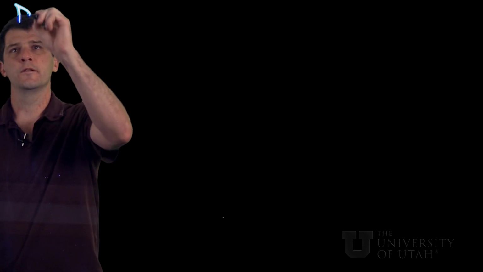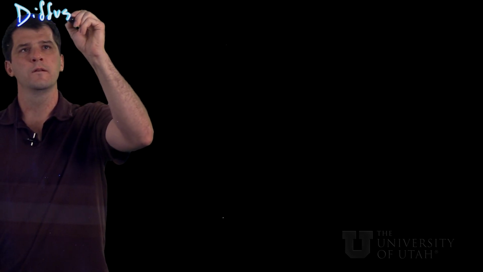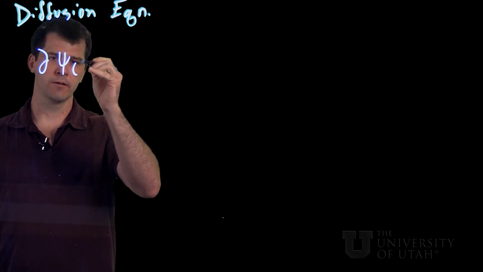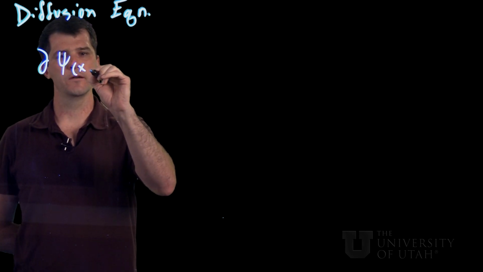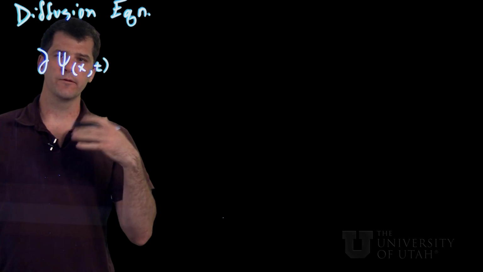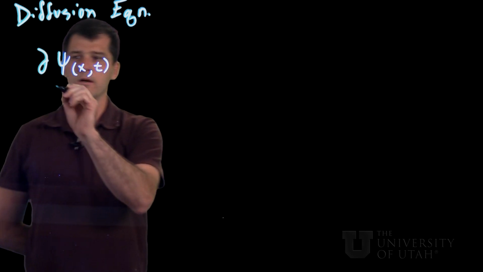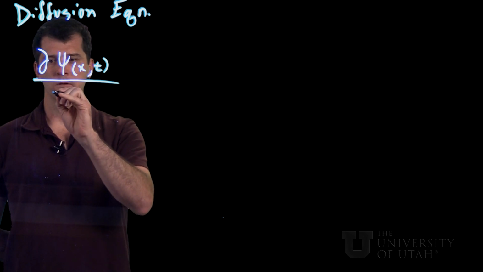So the diffusion equation looks like this. So we're going to look for some other function. We'll still call it a wave function here, although it's usually referred to as concentration or some other scalar variable.